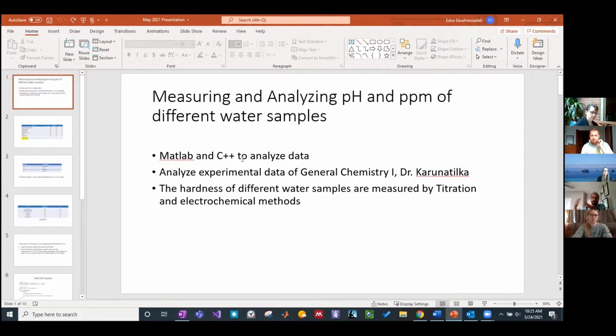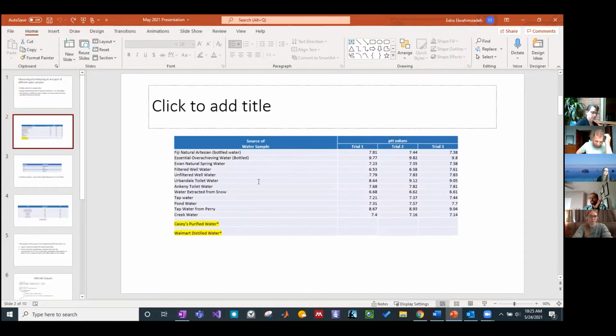We started the project in fall 2019, and Chandana gave me data for pH and ppm of different water samples. All the samples were from different sources in Iowa. We have the samples here, just a snap, just a part of all the data.